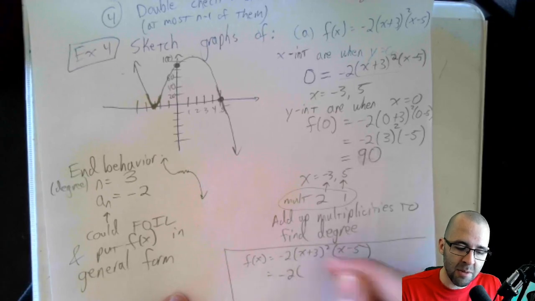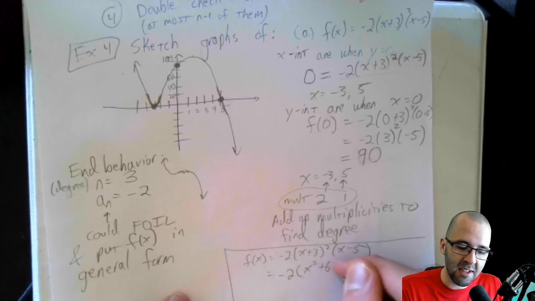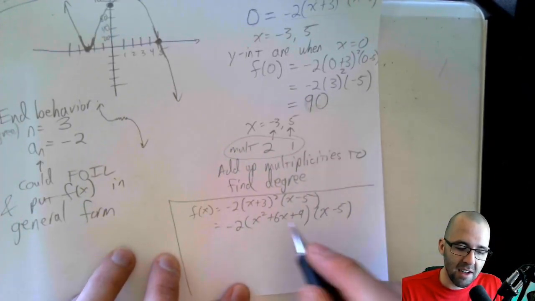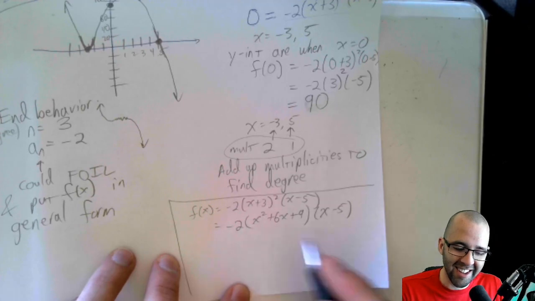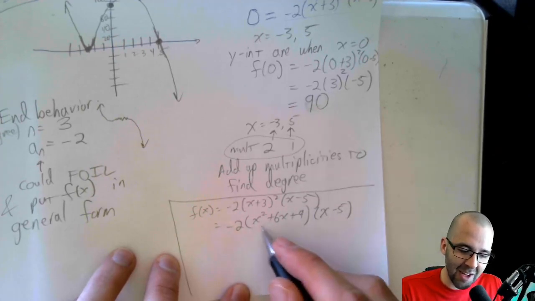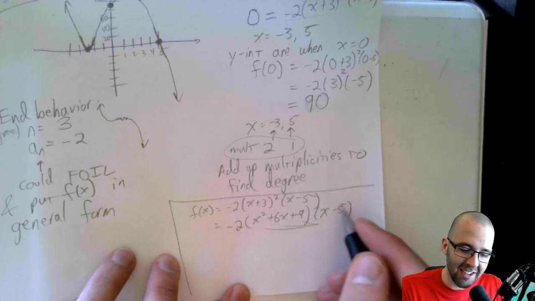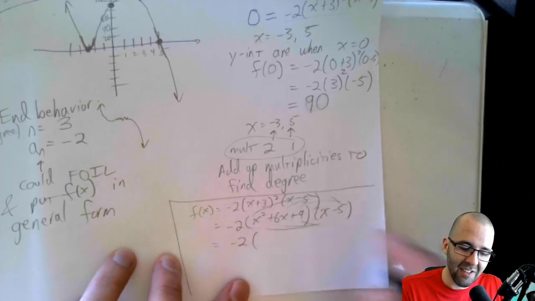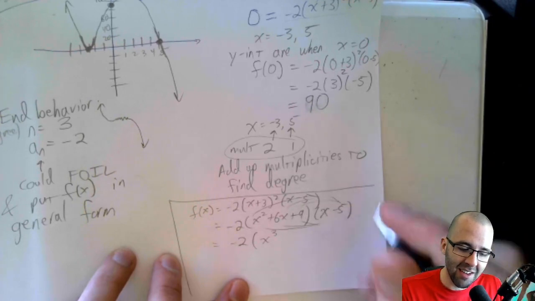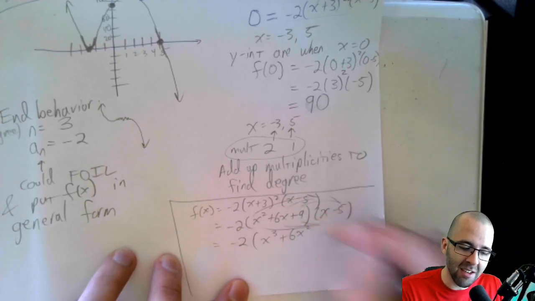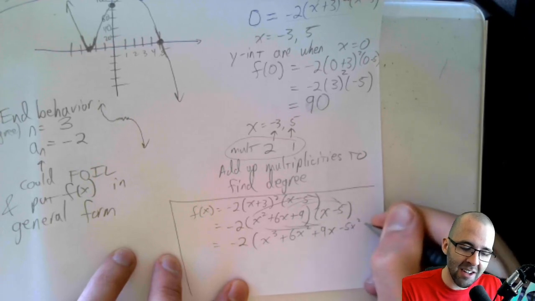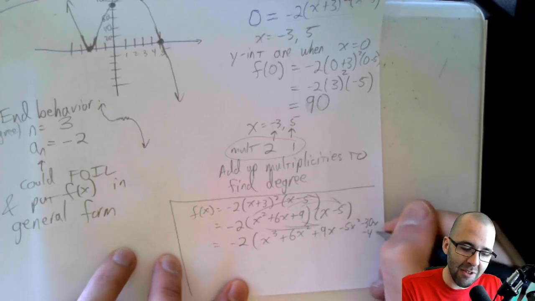If you FOIL out this perfect square, you get x squared plus 6x plus 9, times x minus 5. Then you have to multiply this one out as well. You get x cubed plus 6x squared plus 9x minus 5x squared minus 30x minus 45.